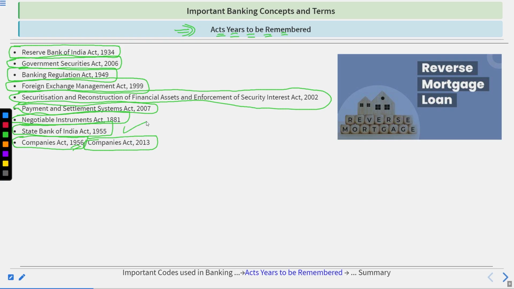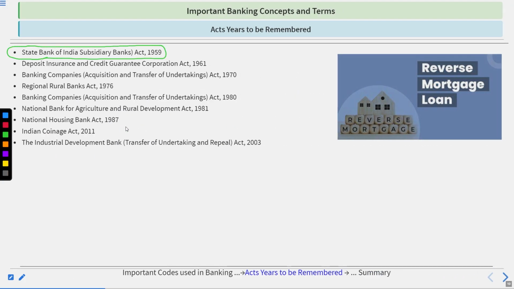The State Bank of India Act 1955 was passed to convert the Imperial Bank of India into a nationalized bank under the name of State Bank of India. Whereas the State Bank of India Subsidiaries Bank Act 1959 was passed separately to convert the other state banks that were working as associates and merge them fully with the State Bank of India.